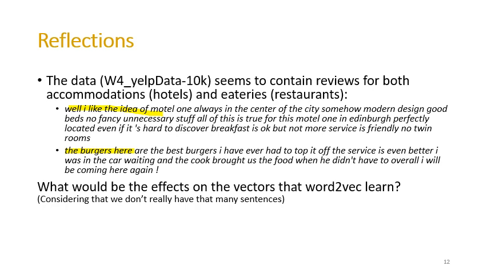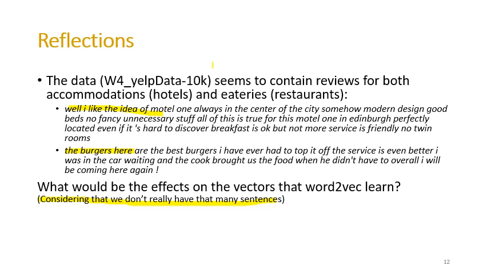Now I want you to think about what will be the effects on the vectors that word2vec learns. What would be the effect if our data set looks like this? Some sentences talk about motels, some sentences talk about burgers, restaurants, and so on. Especially considering that we actually don't have that many sentences. So 1,000 sentences is kind of small in the text mining domain.